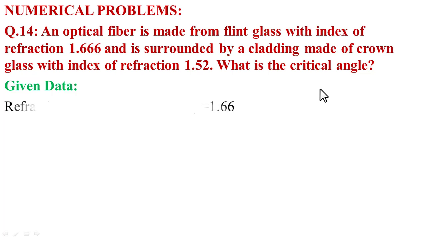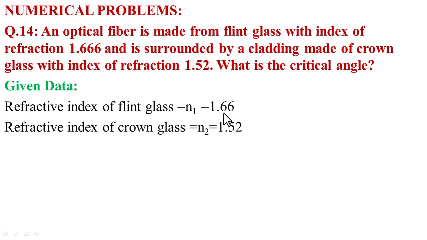According to the statement, the refractive index of flint glass, that is n1, is equal to 1.66 and the refractive index of crown glass, that is n2, is equal to 1.52.